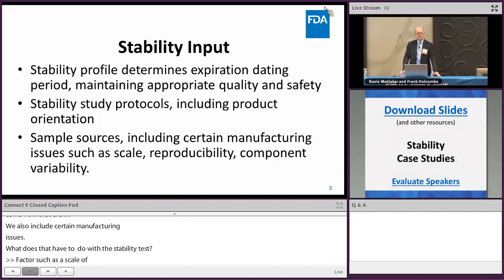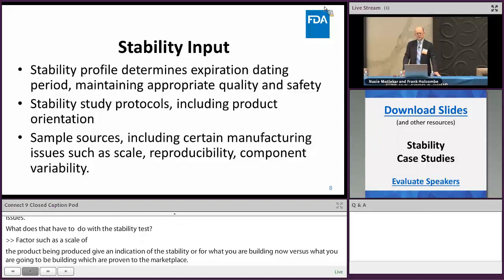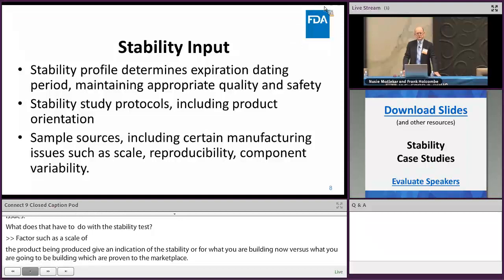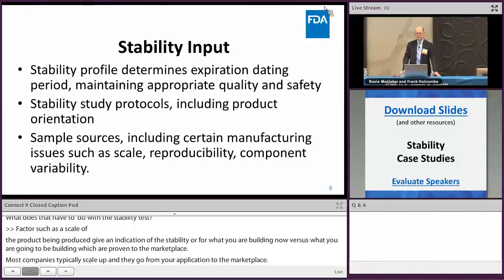Most companies typically scale up and go from their application into the marketplace. And so if your scale approximates something that you're proposing to do, then we have more confidence that your market product is going to approximate the application product.